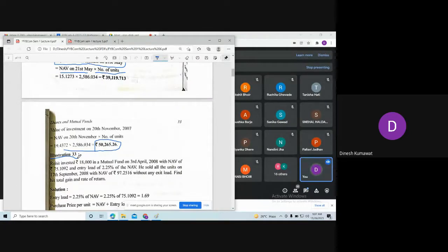He sold all the units on 17th September 2008 with net asset value of rupees 97.2516 without any exit load. Find his total gain and rate of return.